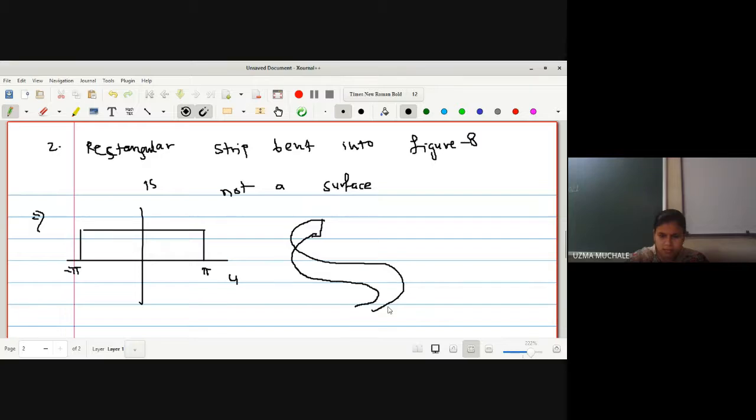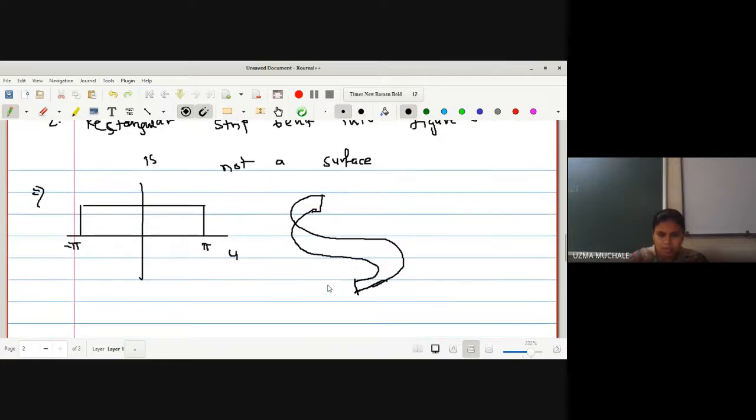Okay, now it will be firstly converted into the figure S. Assume that it is in the form of S. Now afterwards it will be converted into the figure 8.